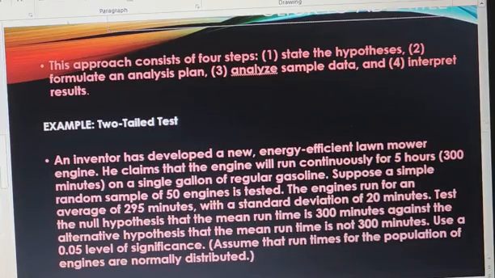The engines run for an average of 295 minutes, with a standard deviation of 20 minutes. Test the null hypothesis that the mean runtime is 300 minutes against the alternative hypothesis that the mean runtime is not 300 minutes. Use a 0.05 level of significance. Assume that runtimes for the population of engines are normally distributed.